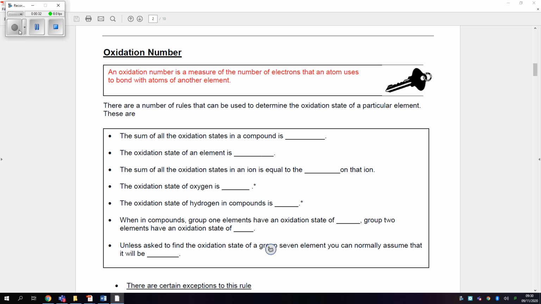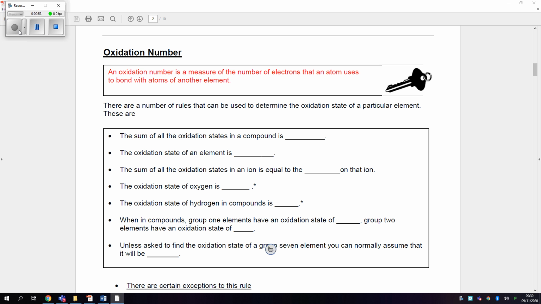An oxidation number is a measurement of the number of electrons that an atom uses to bond with atoms of another element. So clearly, in an element, irrespective of the formula of the element, no electrons are used to bond with atoms of another element because there's only one element present.